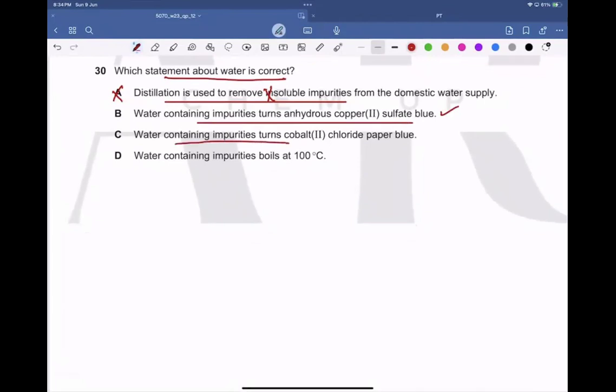Water containing impurities turns copper chloride paper blue. No, it will turn copper chloride paper pink, not blue. So C goes wrong. Water containing impurities boils at 100 degrees Celsius. No, the boiling point would elevate. The boiling point would not be 100 if it's not pure. So D goes wrong as well, and B is the correct answer.